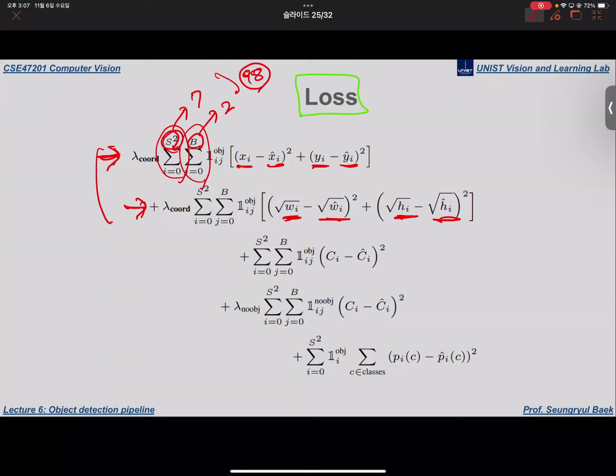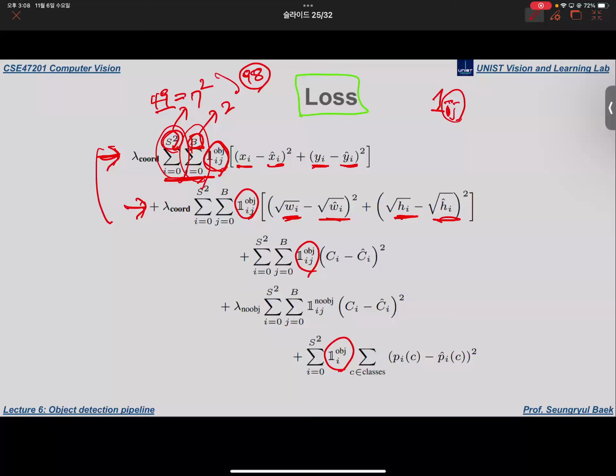S squared would be 49, and we estimate 2 bounding boxes each, so we have to apply this loss to all the bounding boxes estimated from each grid. And this notation denotes that there is an object in that grid. So that has the ij index, right?